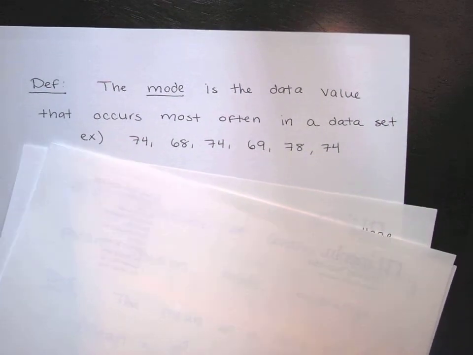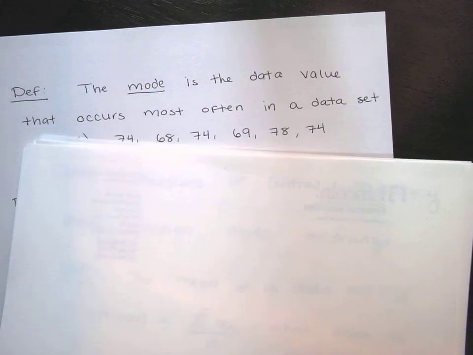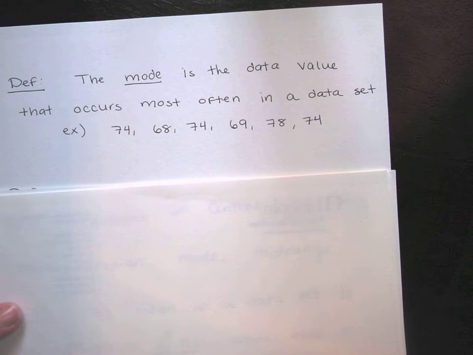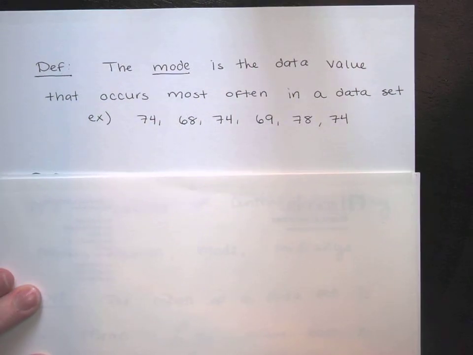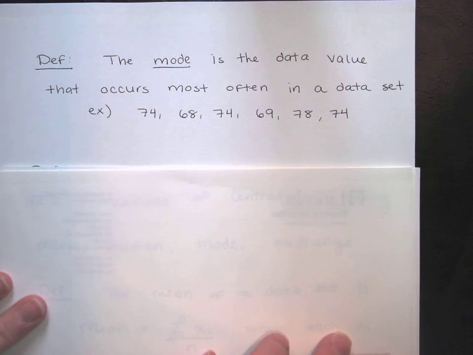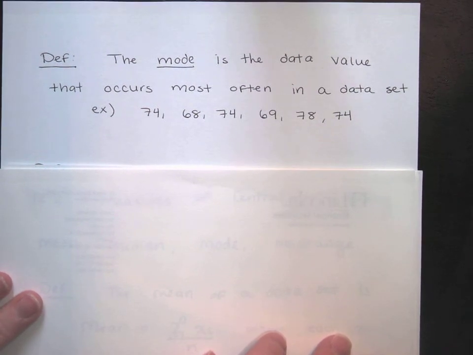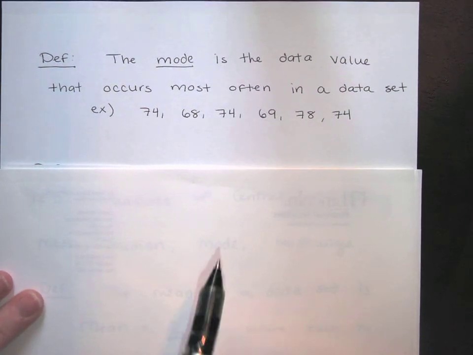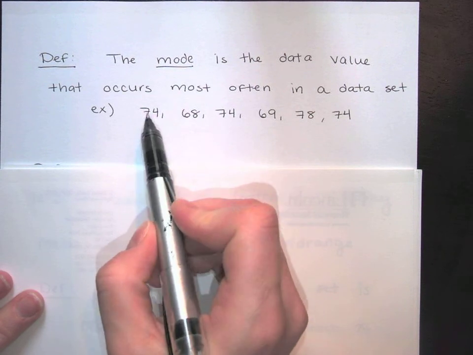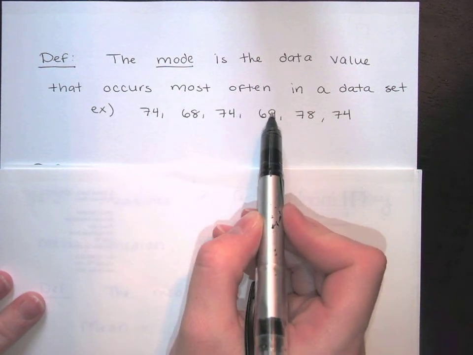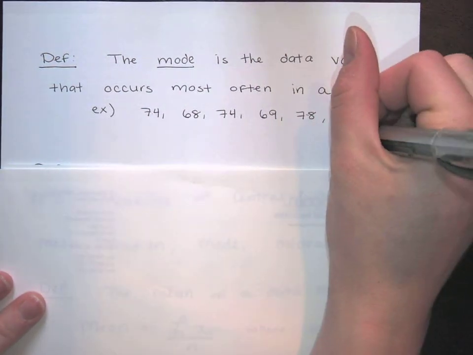Two other measures of central dispersion, just 2 little easy definitions. The mode is the data value that occurs most often in a data set. Sometimes we don't have a mode. Sometimes all the data values, data points, just occur once. In this particular one, though, we have 1, 2, 3, 4, 5, 6 numbers given.